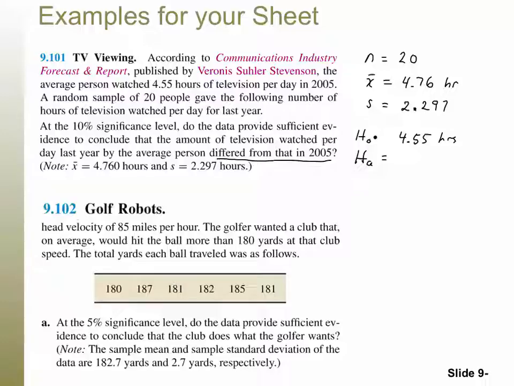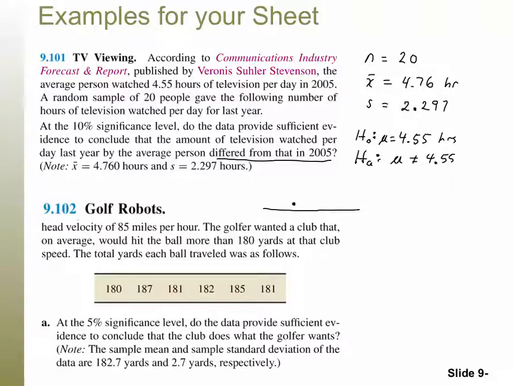The null hypothesis is that the mean equals 4.55, right? The notation is important. The alternative hypothesis is that the population mean does not equal 4.55. All right, and we want the 10% significance level. So let's draw the picture.